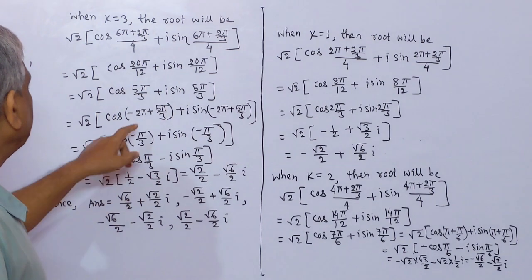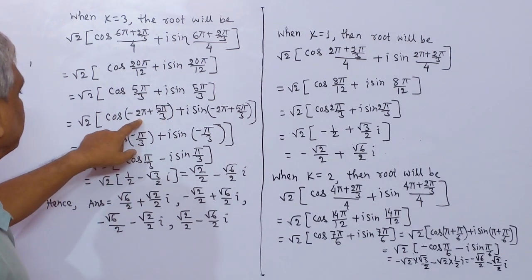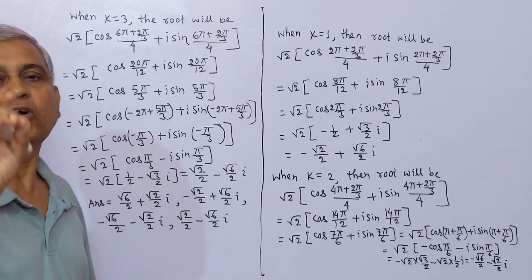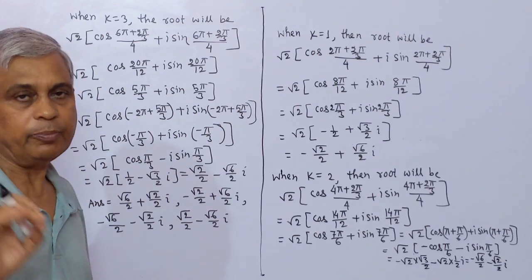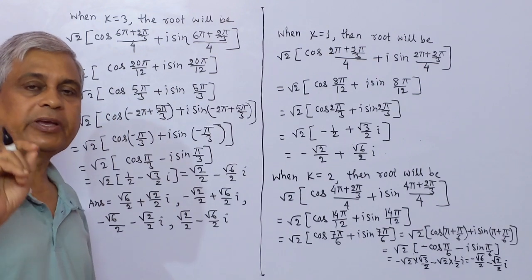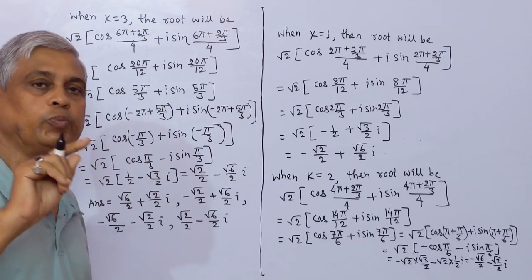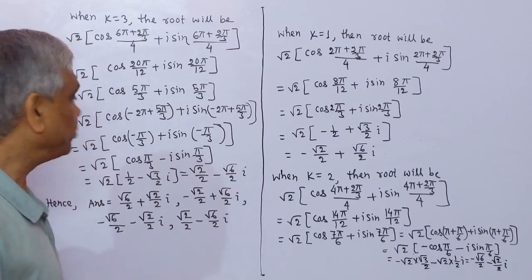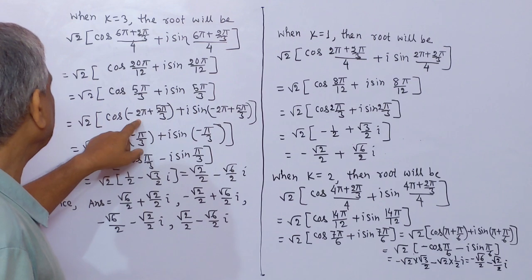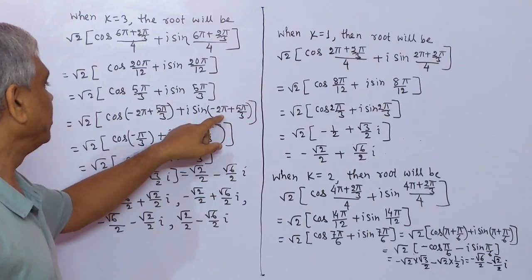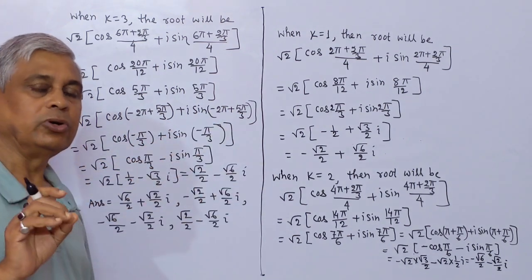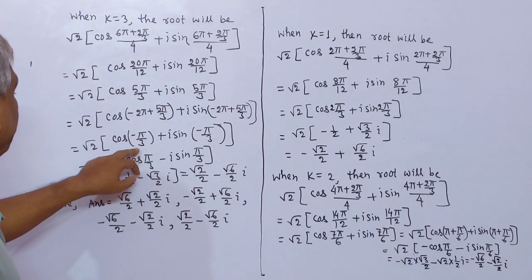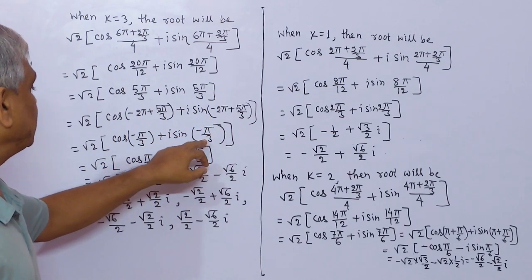If we add here minus 2 pi, since we know that cos 2 pi k plus theta equal to cos theta, so there is no change of values. So in place of k we write here minus 1, 2 pi k. K means minus 1, then this will be minus 2 pi. Here we have added this, and here also same, sin 2 pi k plus theta equal to sin theta, and this becomes cos minus pi by 3, and this is sin minus pi by 3.